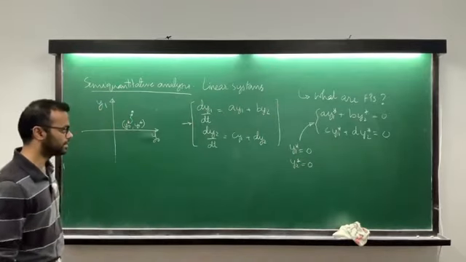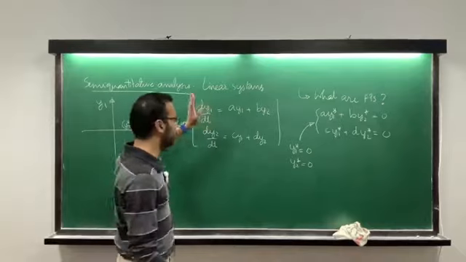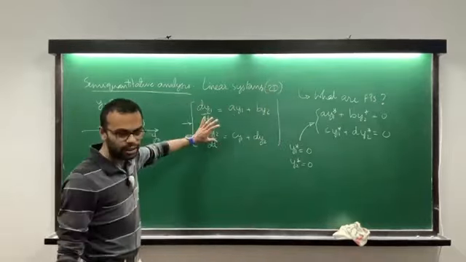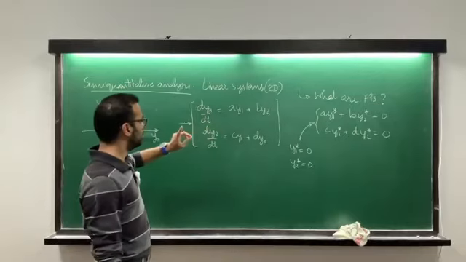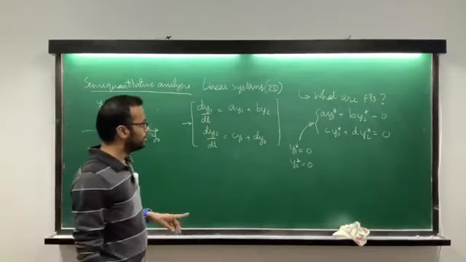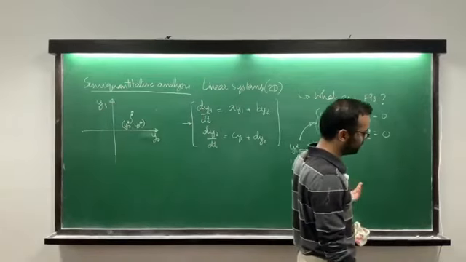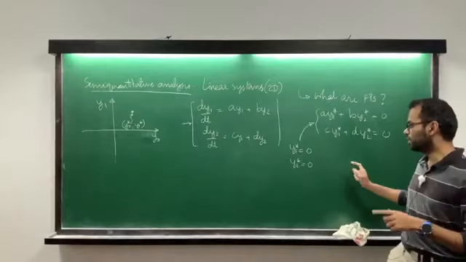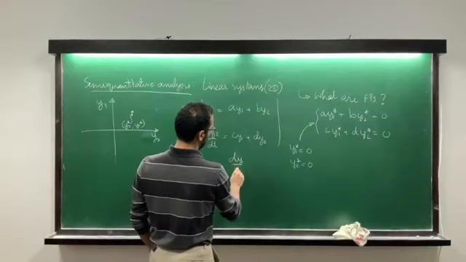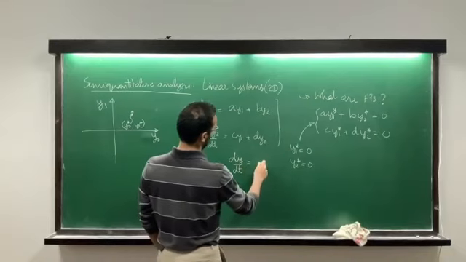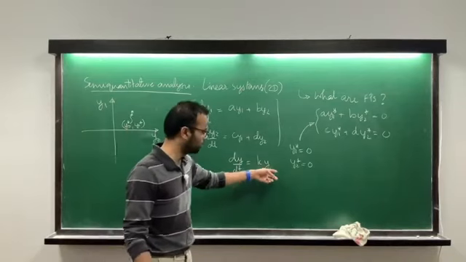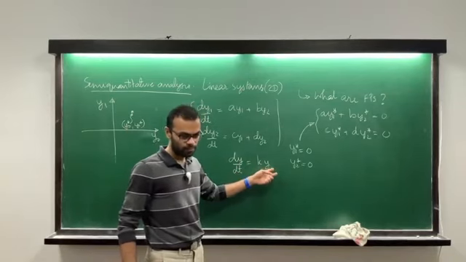A linear system of this form we'll call a 2D system because it's got two coupled linear first order differential equations, and it's also 2D because the phase space is two dimensional. So a linear 2D system has only one fixed point, which is at the origin. Compare this with the linear 1D system we had, k times y, whose fixed point was also at y star equals 0, again the origin.